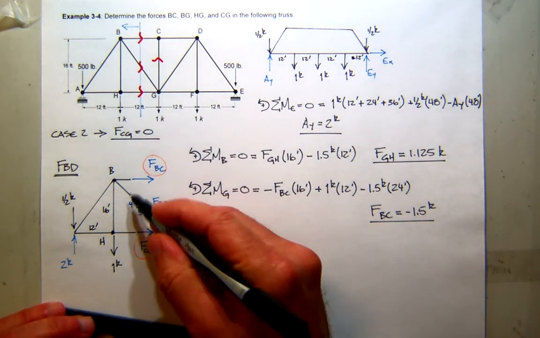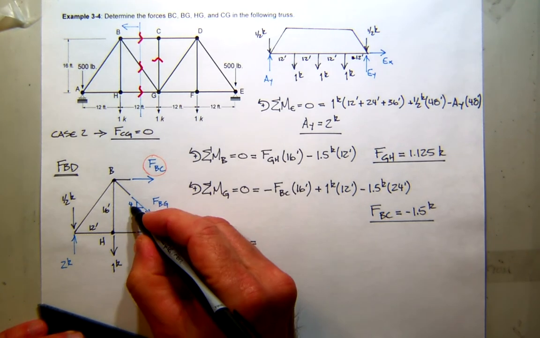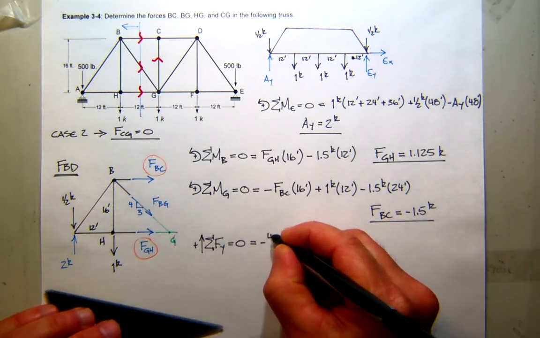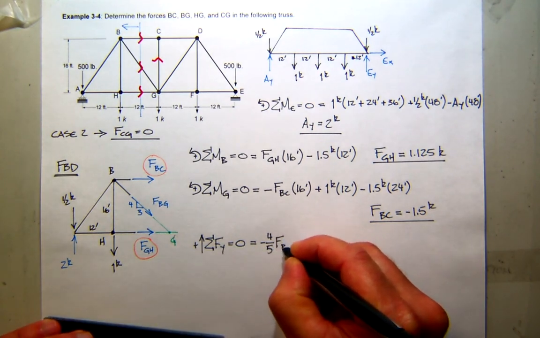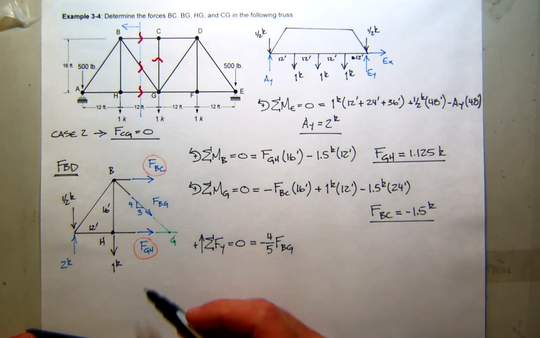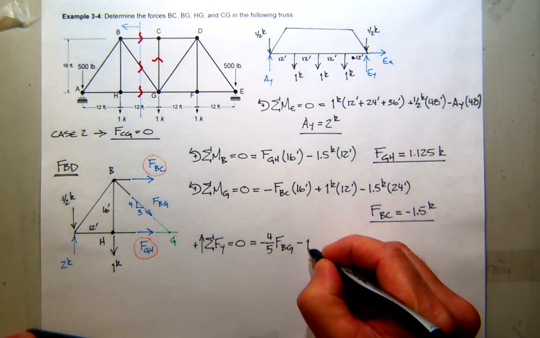So I want to look at the vertical component of BG, which would be this 4 to 5, and it's acting down, so I'll have negative 4/5 BG. That's acting down. What else is in the Y direction? I've got this 1 kip force. It's also down.